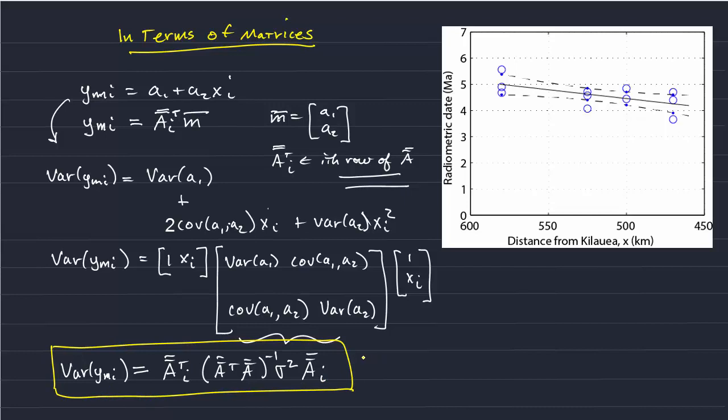And the advantage of using this form is, well, this is a one-line typed code in MATLAB, but it's also true for general least square regression for any basis function.